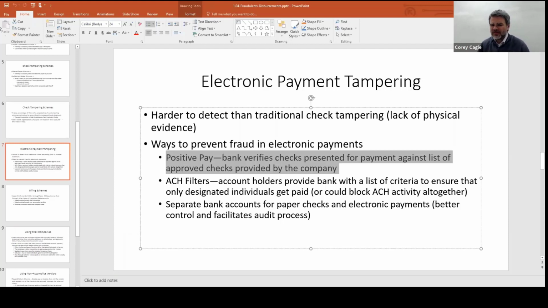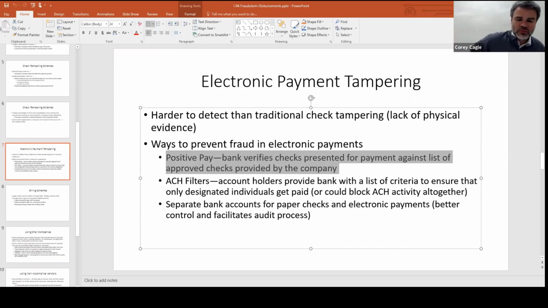But what they like to ask here is how to prevent it, and it usually has to do with these security things that banks offer. Positive pay is a go-to for the test questions, and it's just a little system that the bank has set up where they verify checks against this list of approvals that you've given them before they'll take the money out.